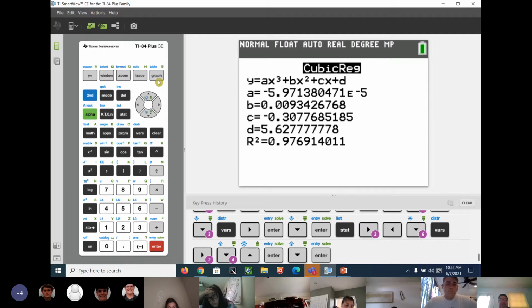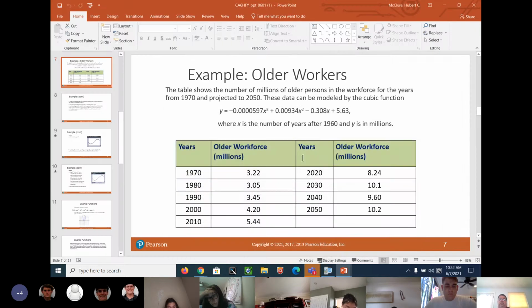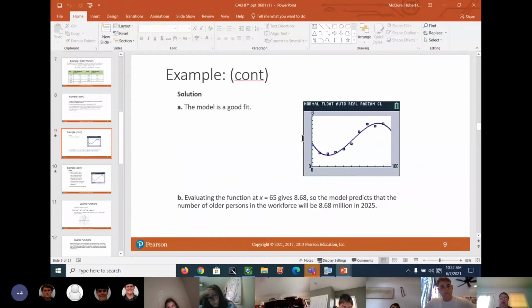I believe that's the same thing that we typed in. Why are they telling you to punch those in when they give you the formula right there? Oh, well, that's how you do it.